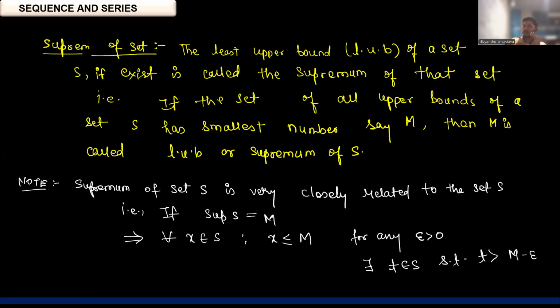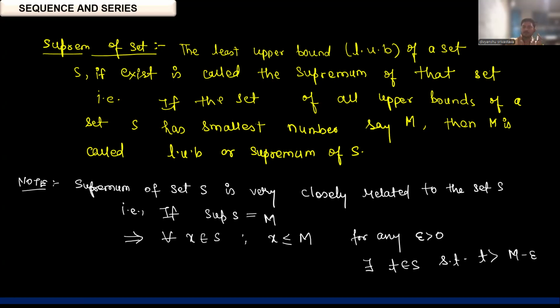That is, if the set of all upper bounds of a set S has a smallest number, say capital M, as I already told you, then M is called the least upper bound or supremum of that set. Okay. So here is a note about the supremum of a set.